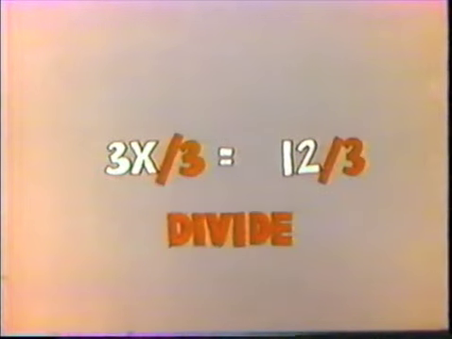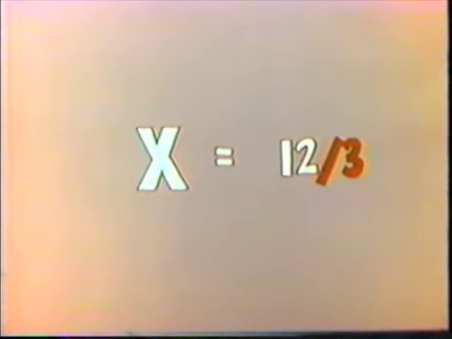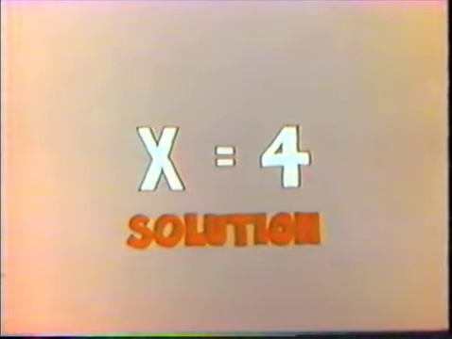We can even go a step further and simplify the left side, since 7x minus 4x equals 3x. Finally, to solve for x, we can divide by 3. The left side simplifies to x, while the right side becomes 4. We have found the solution for x.